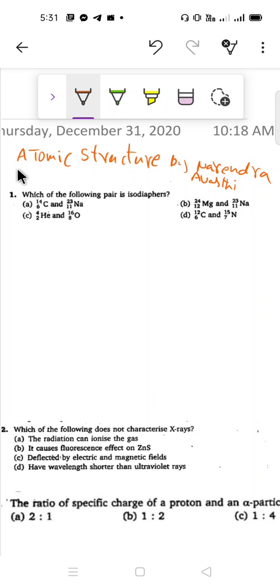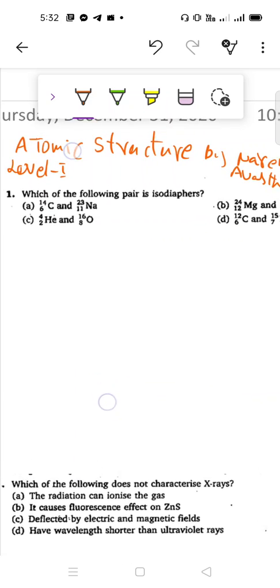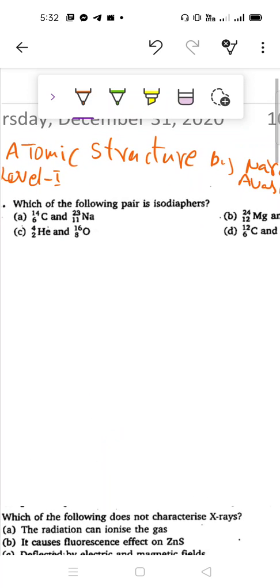Avasthi Level 1 questions. Okay, let us focus on the first question. Which of the following pairs is isodiapers?